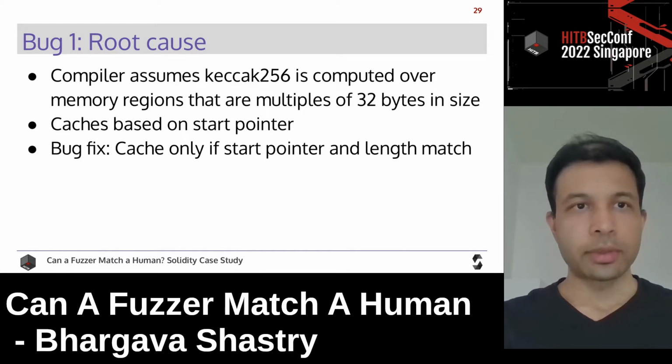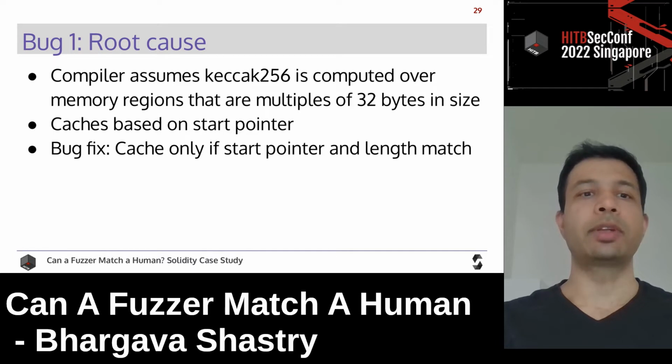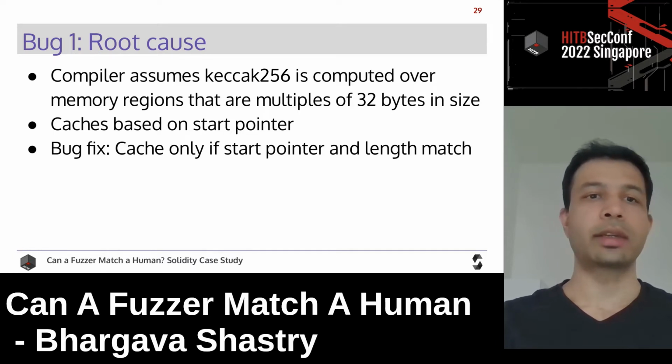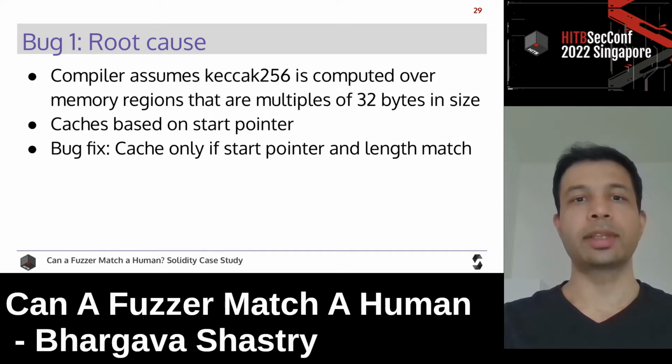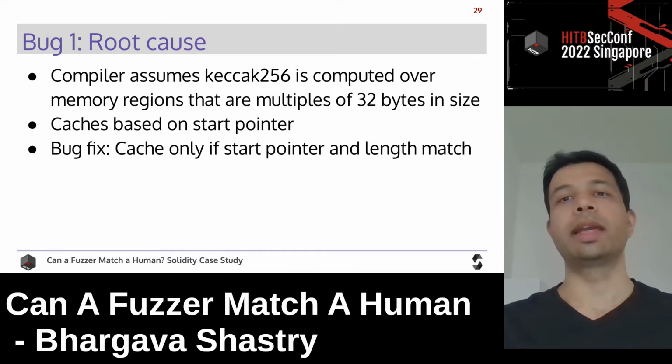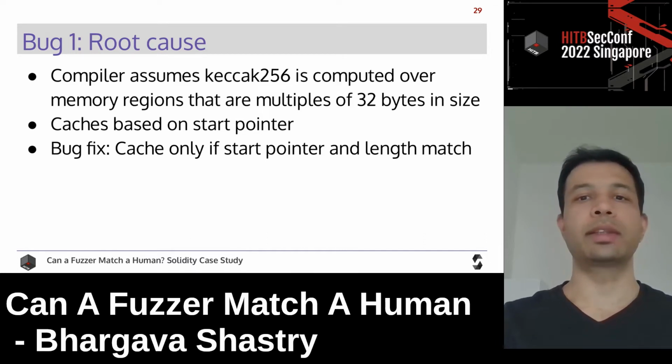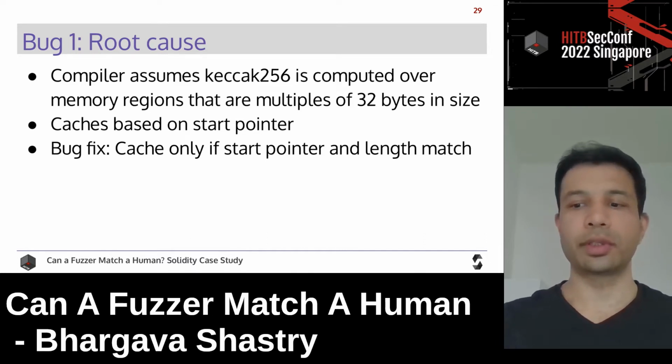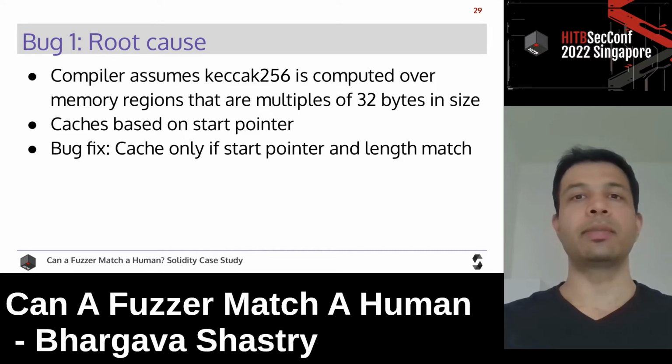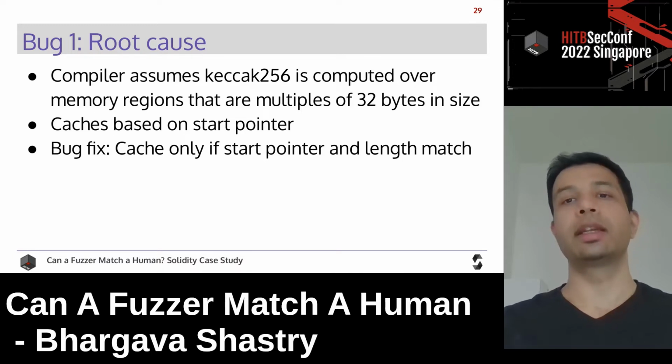Based on this assumption, the compiler would cache pre-computed keccak 256 values based on the start pointer, assuming lengths rounded to 32 bytes were equal for two different computations. As you see in the slide before this, the first computation has a length 32 and the second 23. So if you were to round 23 to the nearest multiple of 32, that would match the previous computation.